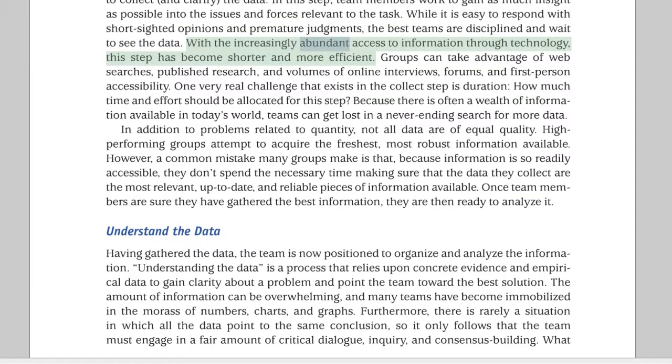With the increasingly abundant access to information through technology, this step has become shorter and more efficient. Groups can take advantage of web searches, published research, and volumes of online interviews, forums, and first-person accessibility. One very real challenge that exists in the collect step is duration.